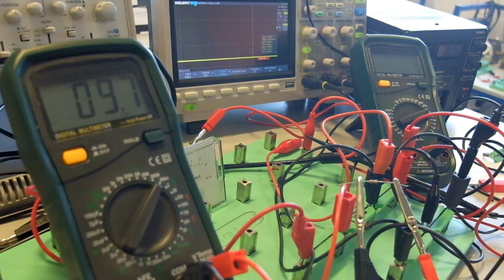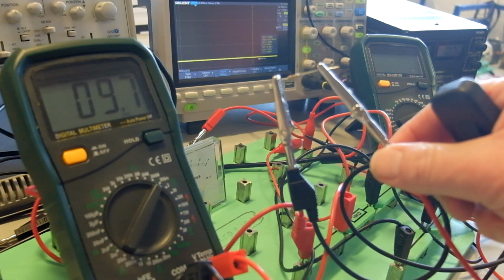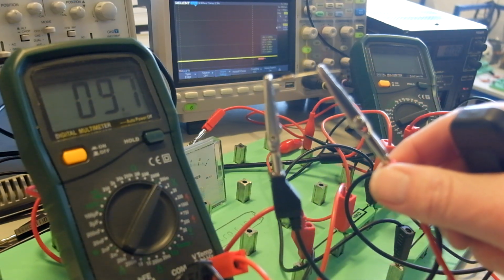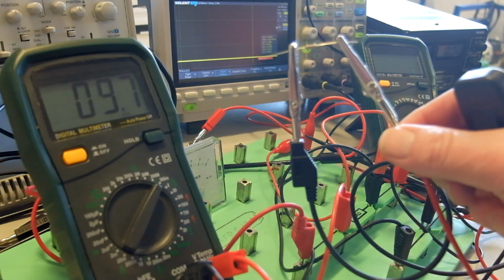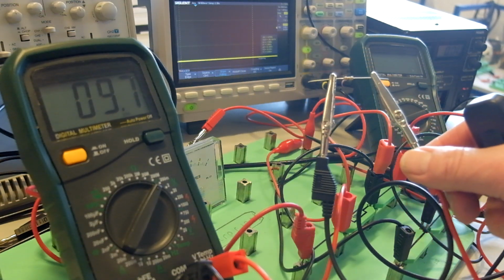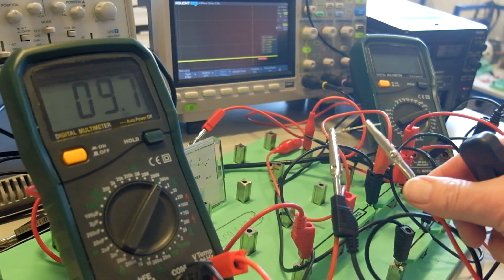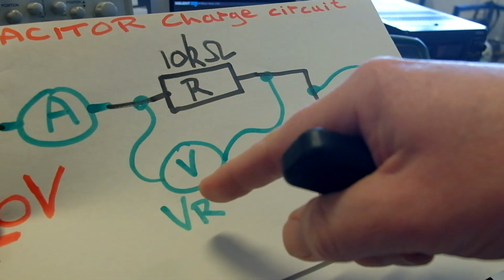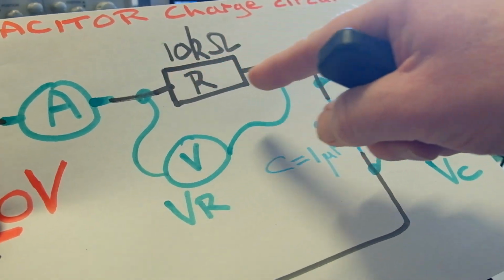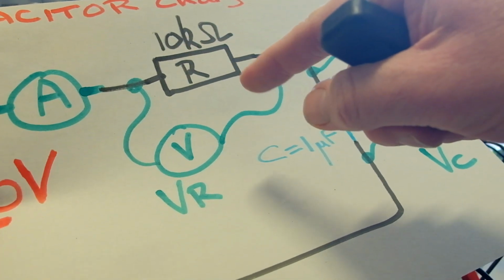So at the moment, what we've got in the circuit is, for reference, a 10 megohm resistor here. It's brown, black and blue, so it's 10 megohms. We've got a 10 volt supply, and we're measuring millivolts across the 10 kilohm resistor to measure small current flow. So we do have this voltmeter in here, measuring the voltage across here, and by Ohm's law we can work out the current flow.